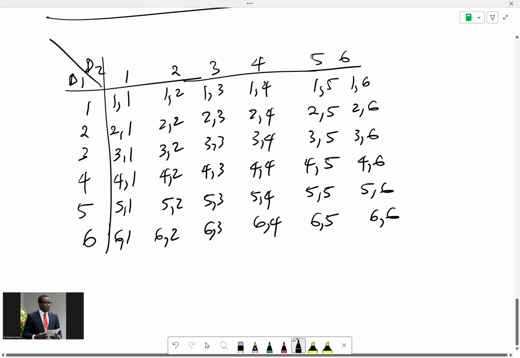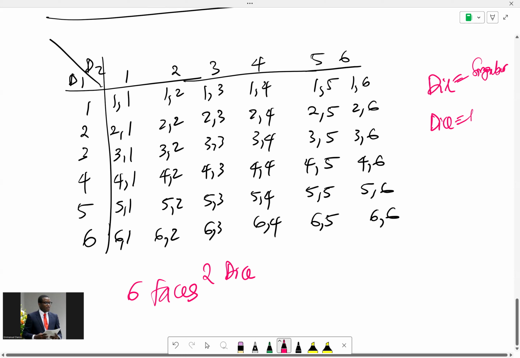So the sample space, just like in the case of a coin, is 6 faces raised to power 2 dice. Of course, die is singular, while dice, D-I-C-E, is plural.